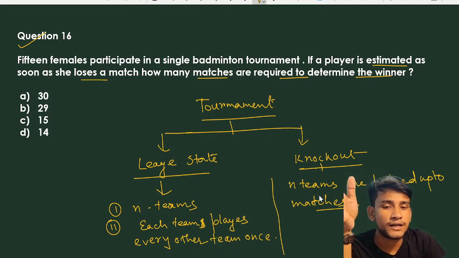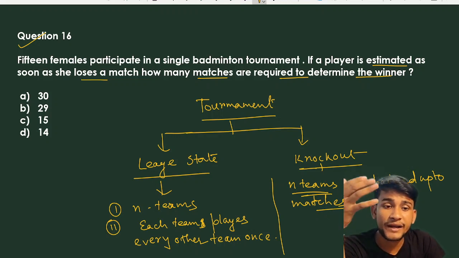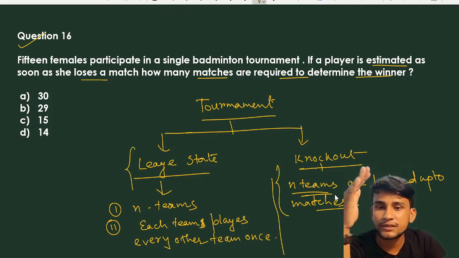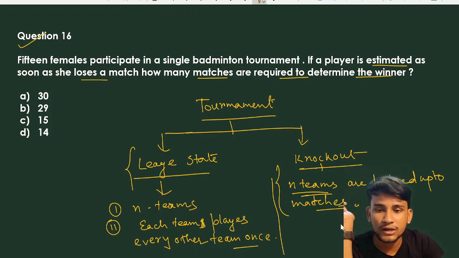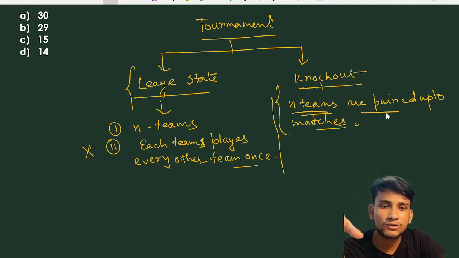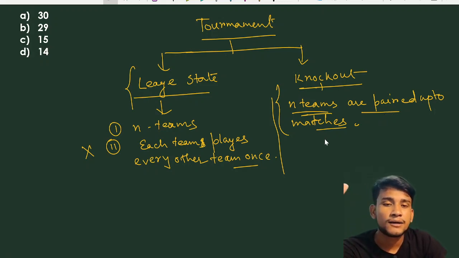That means the n teams are not playing with each other. The teams are paired, and those two teams play each other. This is the difference between the league stage and the knockout stage. In the league stage, each team plays every other team once, but in the knockout case this does not hold. Instead, the n teams are paired into some pairs, and then the match is held between them.